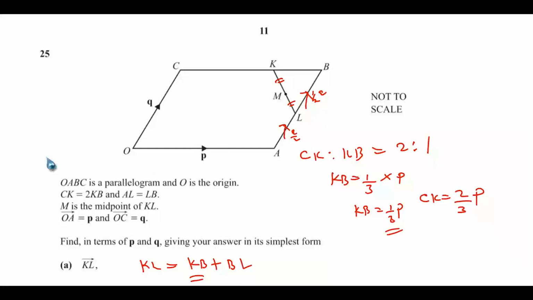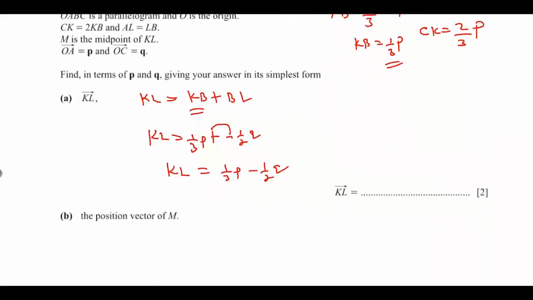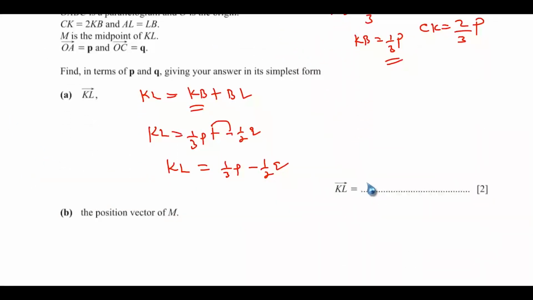That is why I added a negative sign there. So I can write the final answer here: 1 over 3 P minus 1 over 2 Q.